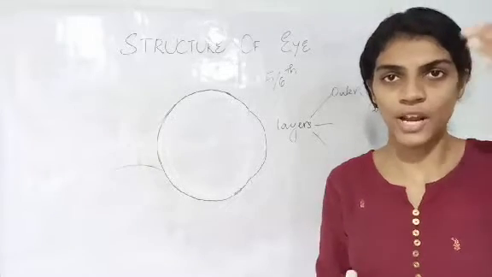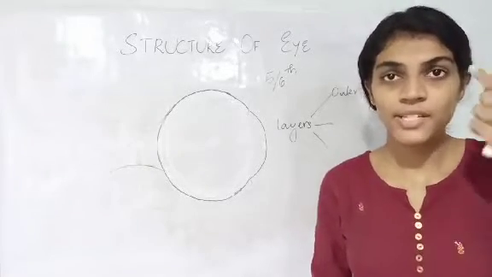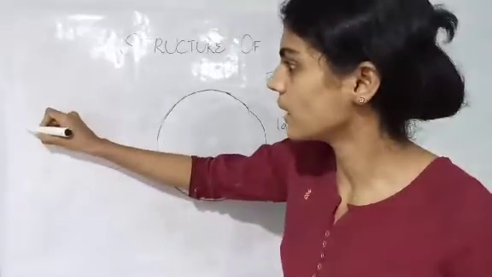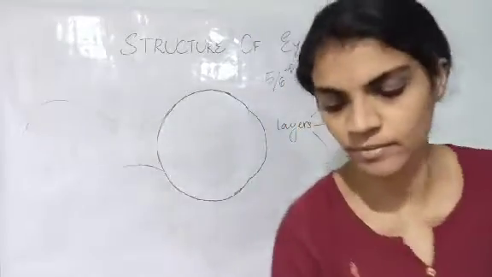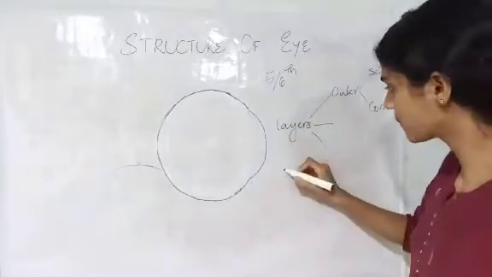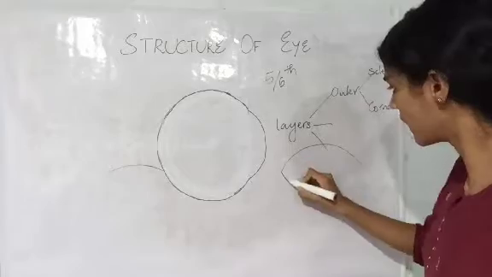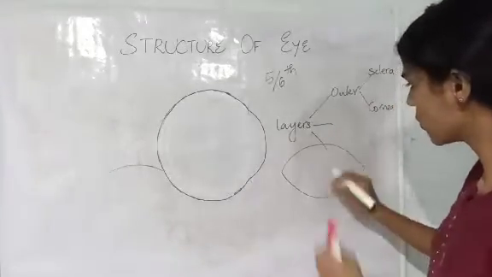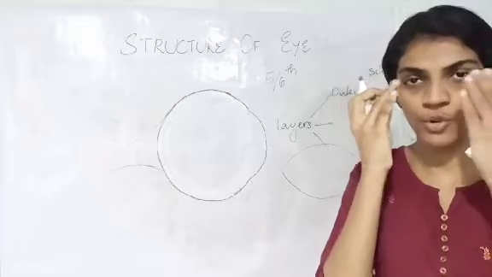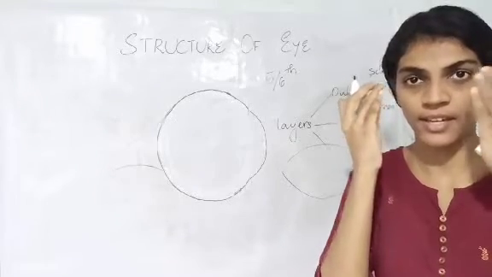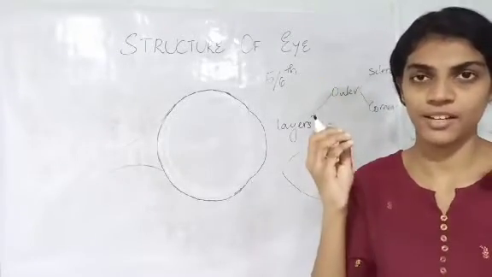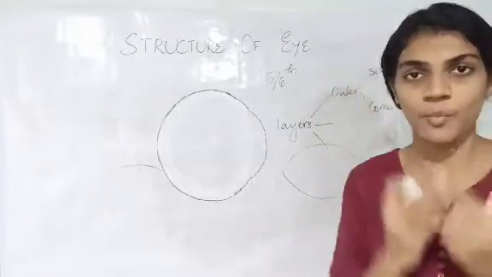When you observe your eye in the mirror, you can see a white part in the eye, right? You can see most of the eye is white in color, and in the center of the eye you can see the dark portion.